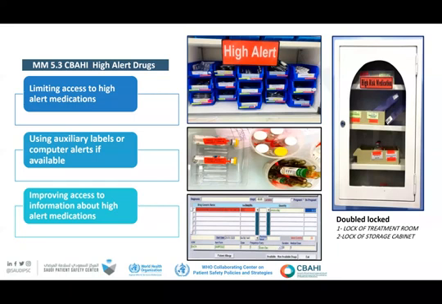The other thing you can see is using auxiliary labels. If you see all these boxes with a red color, this is high risk medication, but not only the boxes. Each single ampoule should also be labeled, because once it is gone outside this box, we don't know if it is high risk. So keeping the visual cue or alert that this is high risk needs to be used with caution.